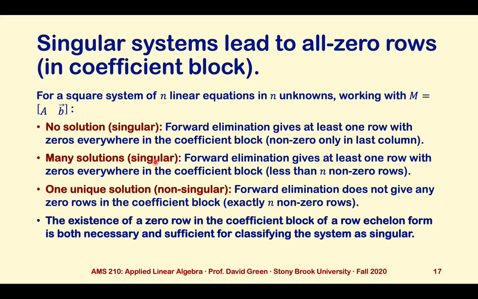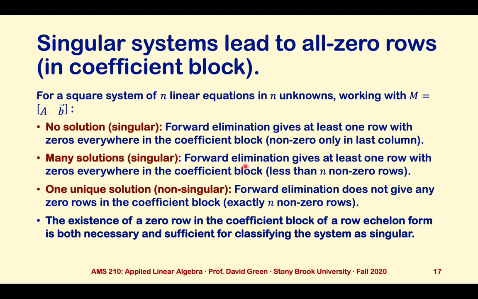Many solutions also corresponds to a case where forward elimination gives at least one row with zeros everywhere in the coefficient block, but also in the last column.